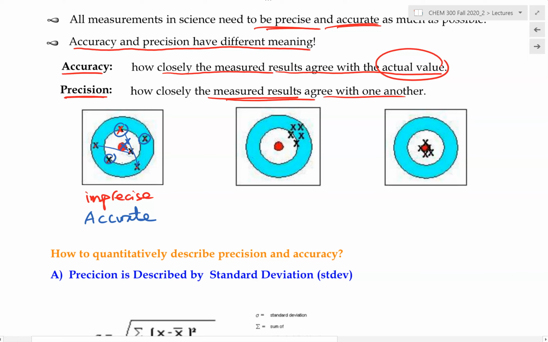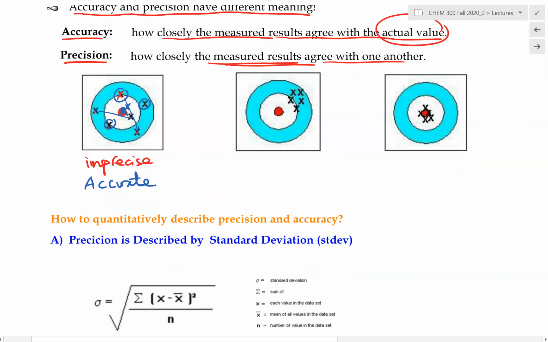So basically, when we take the average of all of these points, they come very close to the middle, or the target. And this is why this result would be considered accurate, because on average it comes very close to the target.